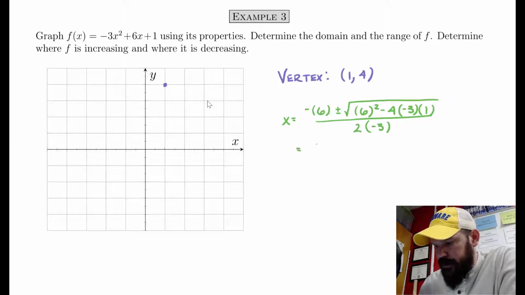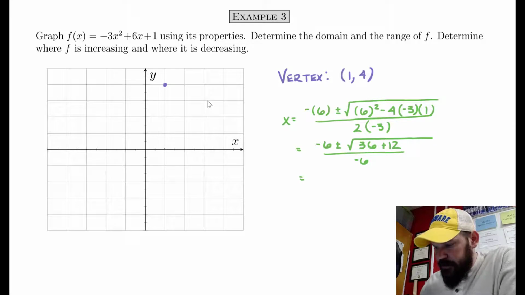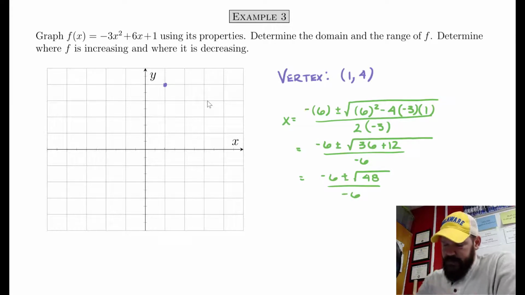And we will simplify this. We get 36 plus 12 over negative 6. Then we could take that a step further. It'd be negative 6 plus or minus the square root of 48 over negative 6.